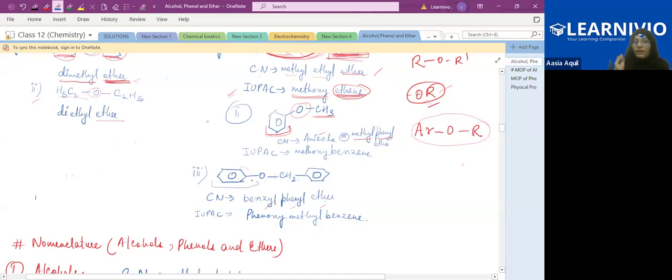When you write the nomenclature, if any benzene ring acts as a substituent, we write it as phenyl, not benzene. Benzene you will write when it is acting like a parent chain, the parent molecule.